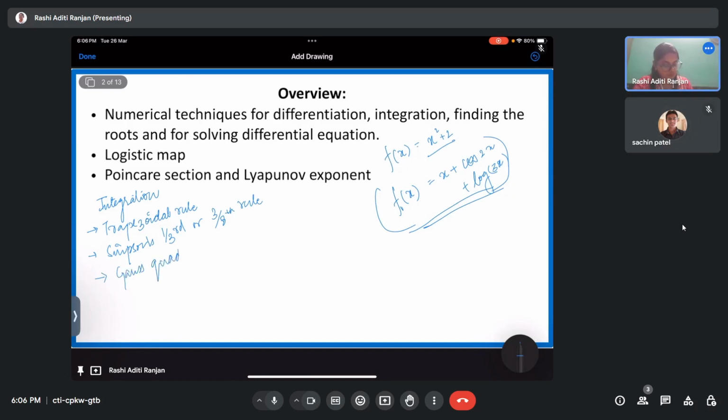Then we have the Gauss quadrature rule. Likewise, these are the methods that can be used for numerical integration. Now, if I talk about finding the roots, we have the bisection method, and then we have the regula falsi method, then we also have the secant method, and various other methods.